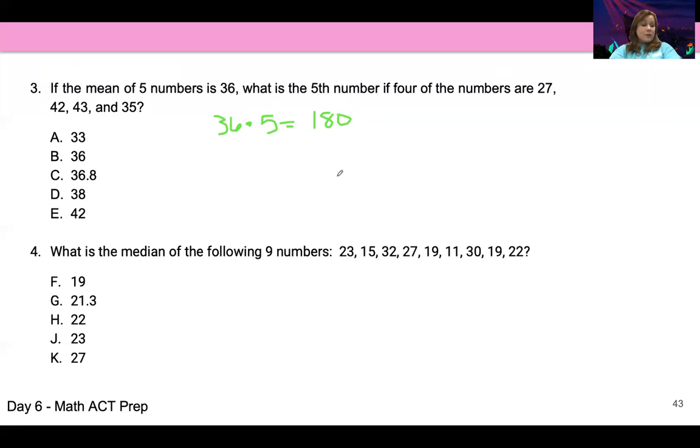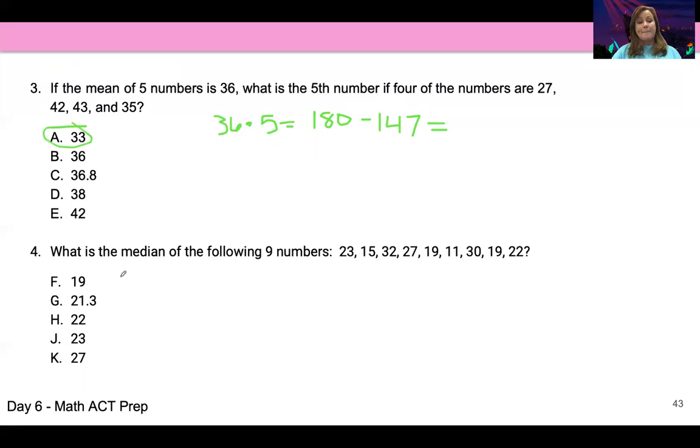Let me get my calculator out. Those numbers total 27 plus 42 plus 43 plus 35, which is 147. So now if we subtract 147 from 180, you're going to end up getting what? 33?